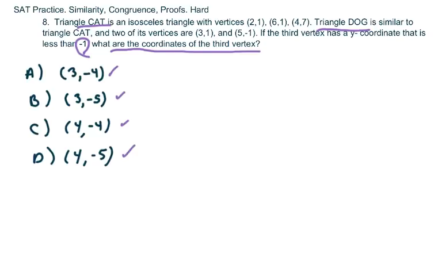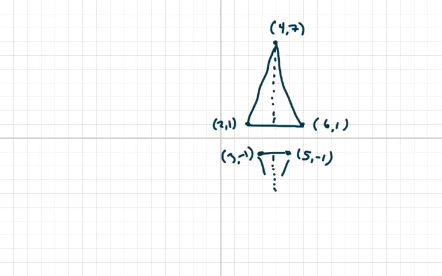On this one you're going to have to draw it, but if you do it really quick, it's the only way to do this. So basically here it is, and this is CAT on top here, and DOG is down here.